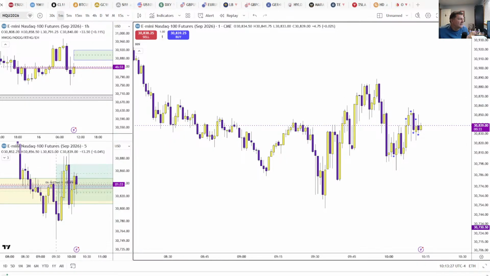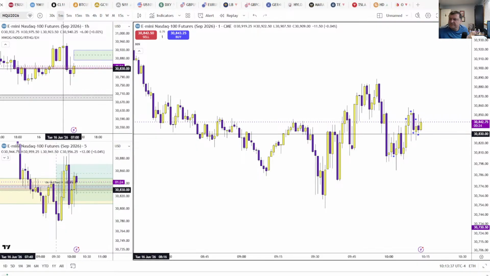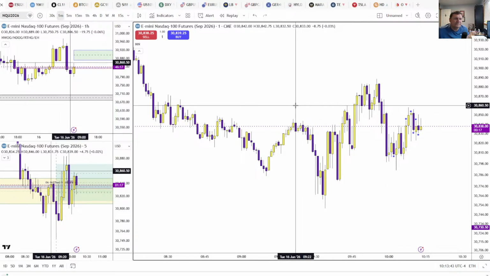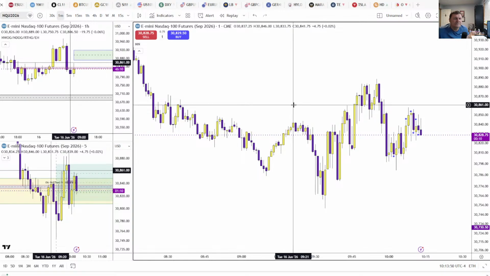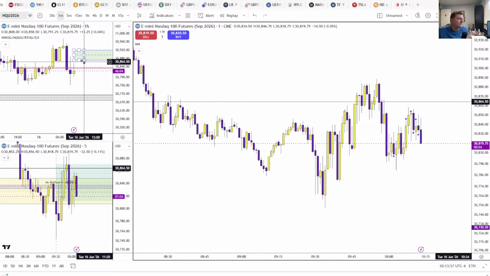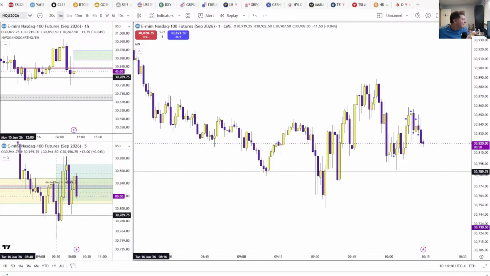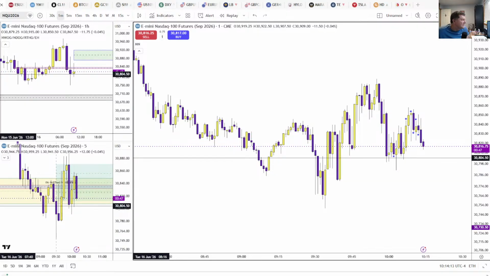An hour still looks like it wants to go lower. Yeah, hourly still looks like it's turning for me. 4 hours still sitting on the bullish side of it.